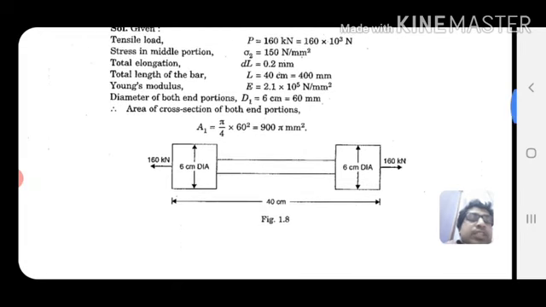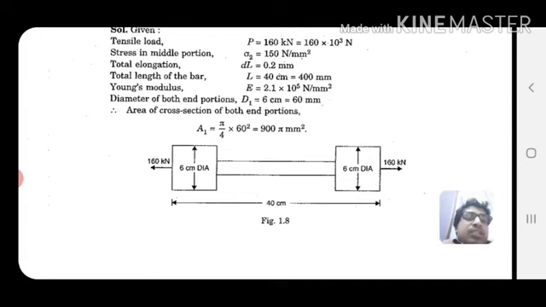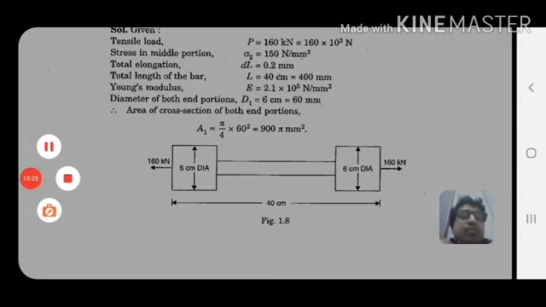So tensile load P is equal to 160 kilonewton, that is 160 into 10 cube Newton. Stress in the middle portion sigma 2 is equal to 150 Newton per millimeter square. Total elongation dl is equal to 0.2 millimeter. Total length of the bar L is equal to 40 centimeter, that is equal to 400 millimeter.